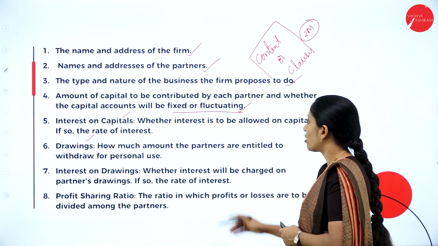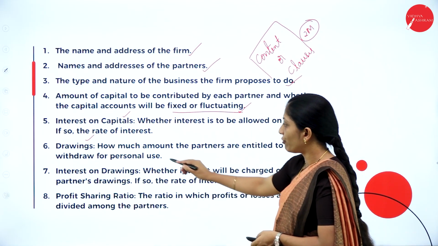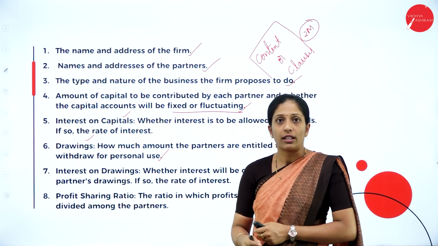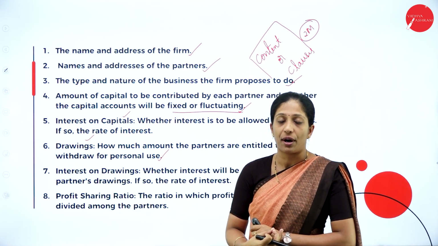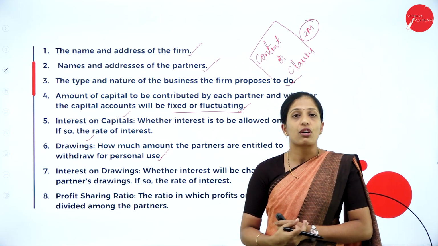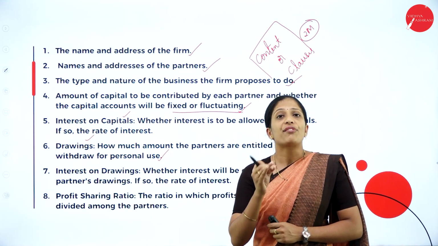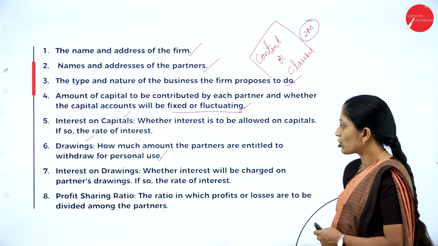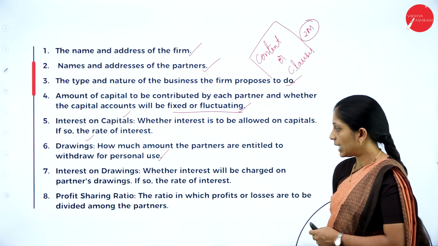Next, interest on drawings. When they withdraw, they have to give interest to the partnership firm, which is called interest on drawings. So, whether interest will be charged on partner's drawings, and if so, what is the rate of interest?